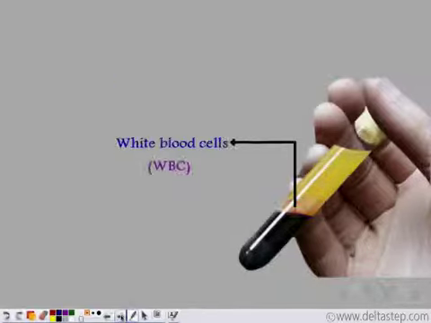Well, since it is white in color, the cells that are forming this layer are known as the white blood cells, or in short, we can say WBC, which stands for white blood cells.